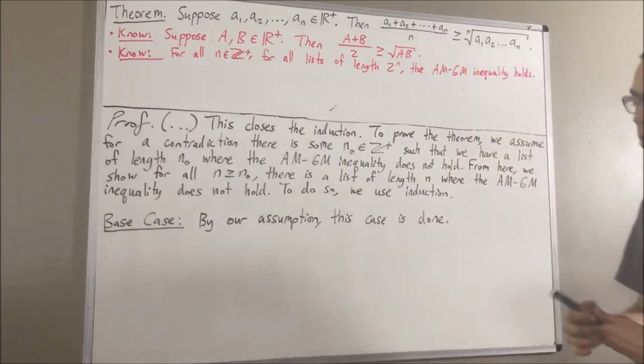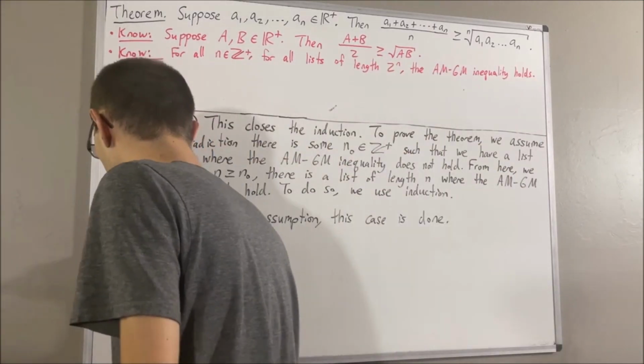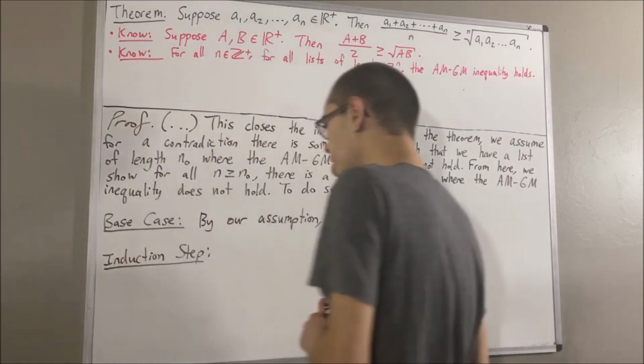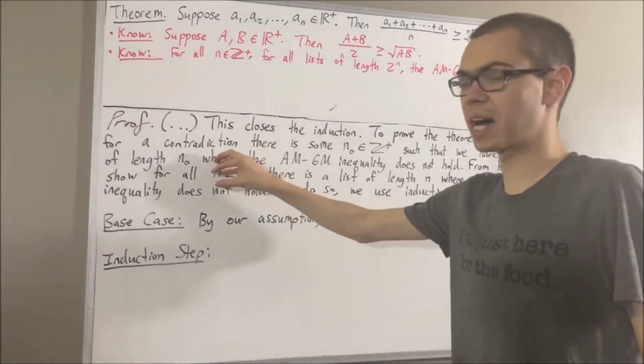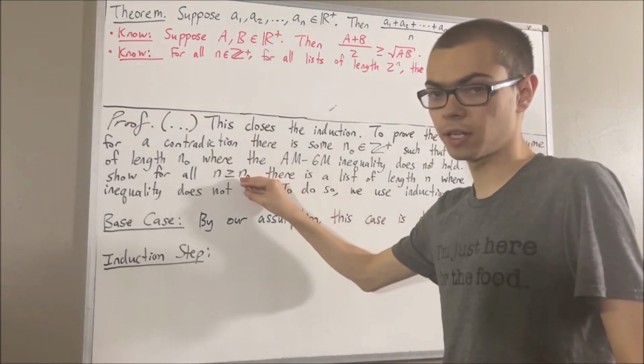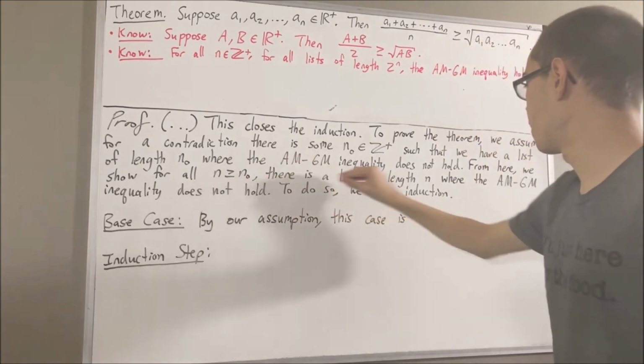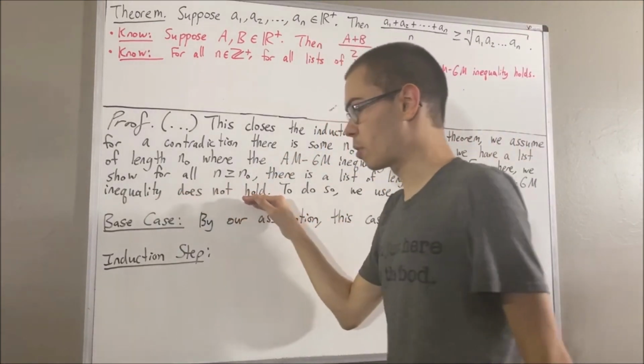So now, let's move on to the induction step. In the induction step, we give ourselves an arbitrary positive integer n greater than or equal to n naught, and we assume that this is true for our arbitrary positive integer n.